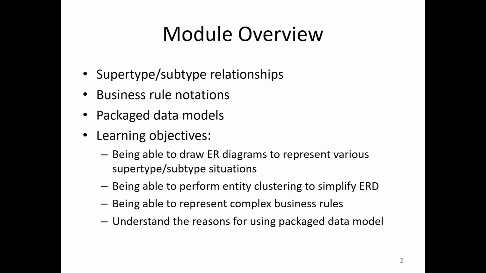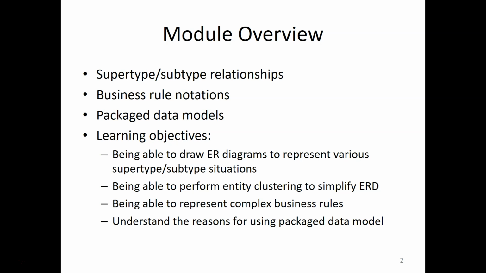Some important business rules are represented in the relationships, attributes, and cardinalities, which we discussed last week. For example, the fact that a student can register for one or more courses or no course at all is not only a cardinality property, but also an important business rule.